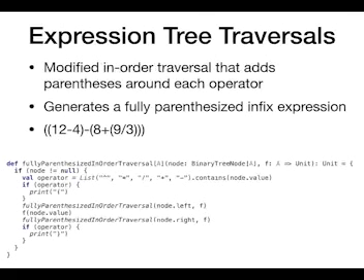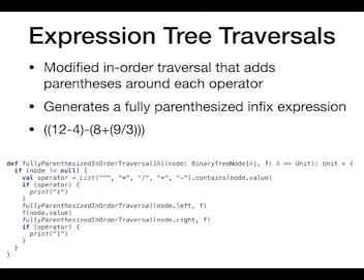So if I do an in-order traversal with these parentheses, on that tree, I will end up with this expression. I'll have my fully parenthesized expression. If I call this fully parenthesized in-order traversal on the root node, I'll actually get my expression in a human readable, we have some redundant parentheses, but a human readable infix expression by calling the in-order traversal.